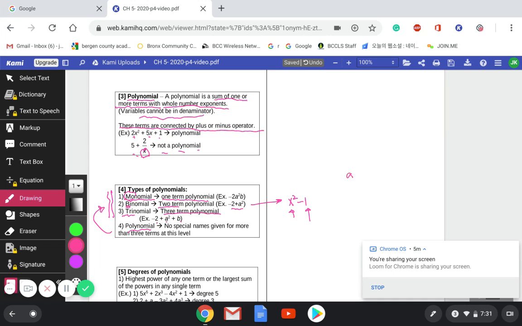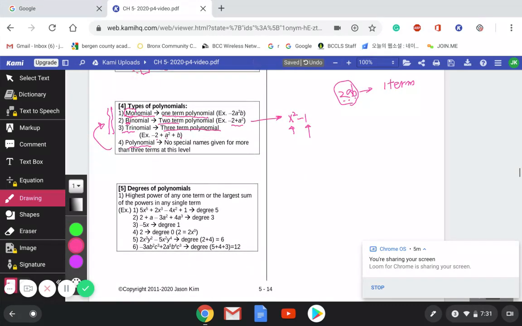Now, when you have a times b or 2ab, what is this? This consists of 2 times a times b, but no plus or minus operator. So this whole thing becomes a monomial, one term. But when you have 2 plus ab, because you are connecting 2 and ab with an addition operator, it becomes two terms, which is a binomial.